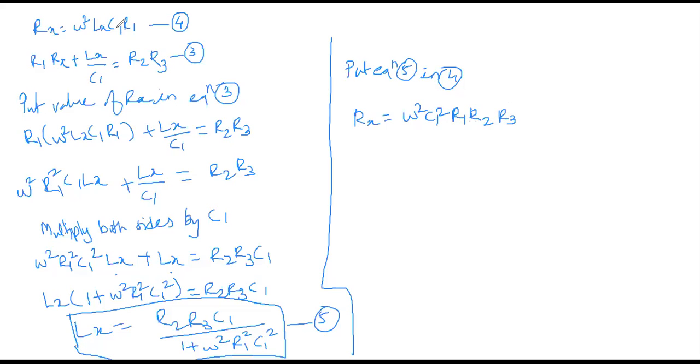C1 is present in Rx, so C1 square. The rest of the terms will remain as they are, divided by 1 plus omega square R1 square C1 square, right?